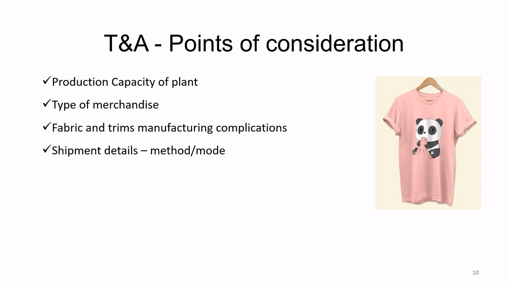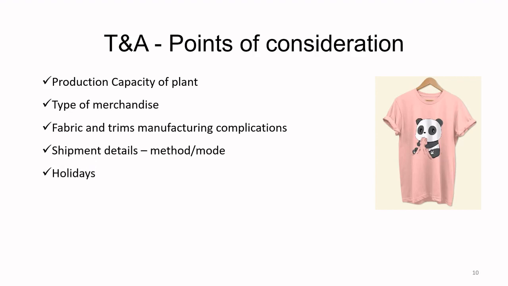So those are the methods, and the different modes or different methods come with their own complications. So before you make the time and action calendar, you have to first find out what the method and what the mode of the shipment is.